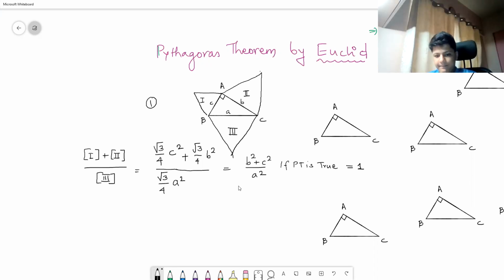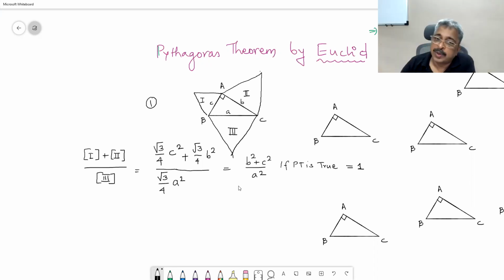Is that right? Because b square plus c square is equal to a square. What does it mean? If Pythagoras theorem is true, then the sum of area 1 and area 2 is equal to area 3. Check whether you understand.